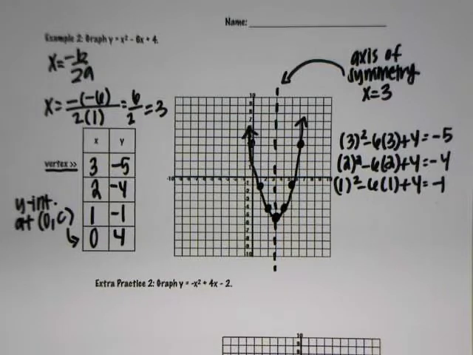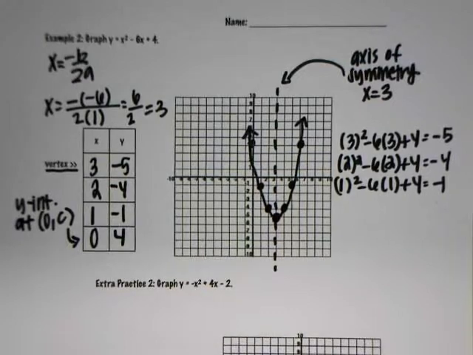Are we done? Need more time? Okay. I got 10. What am I doing?